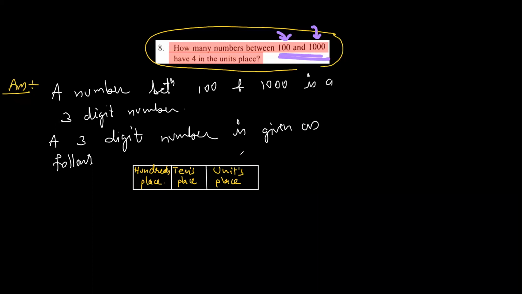You know the job that you have to do. I told you every time, students, you have to consider this job. So you are going for the unit place. The unit place can be selected in one way.